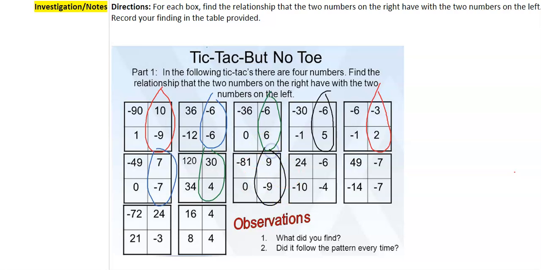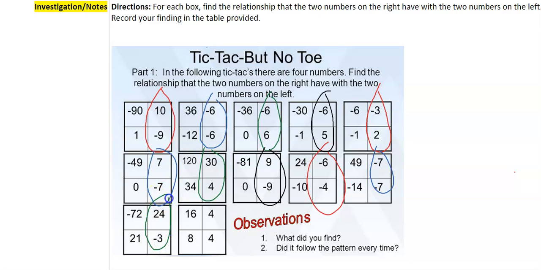Then we have 9 times -9, which is a -81, and 9 plus a -9 is equal to 0. -6 times a -4 is equal to 24. -6 plus a -4 is a -10. 7 times -7 is a -49. We add them together. -7 plus -7 does in fact equal -14.